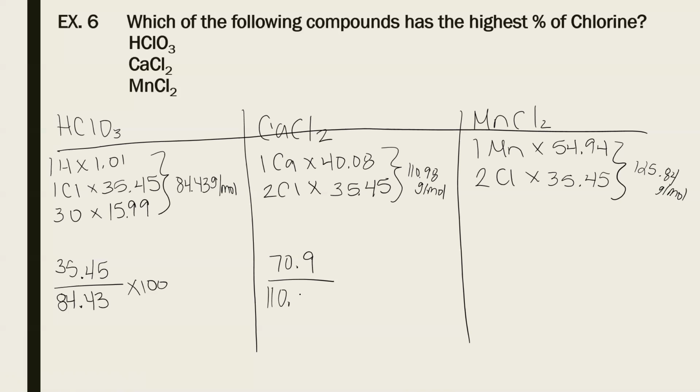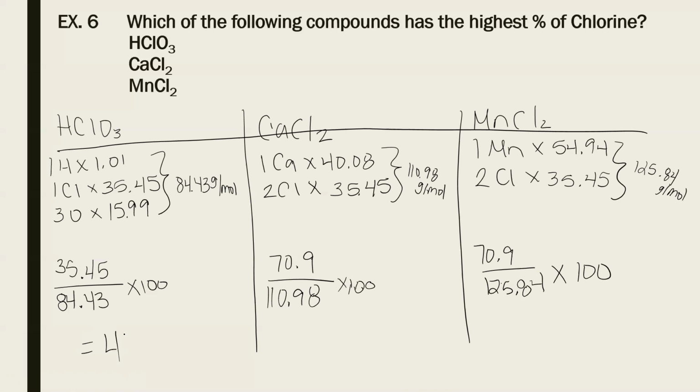Like I said, if you just want to keep writing it out, you're going to need it eventually. And then once again, 2 chlorine. And remember, this is the molar mass, which I solved here by adding together all the atomic masses of all the elements in their specific quantities. Okay, so I'm looking for the highest amount of chlorine.